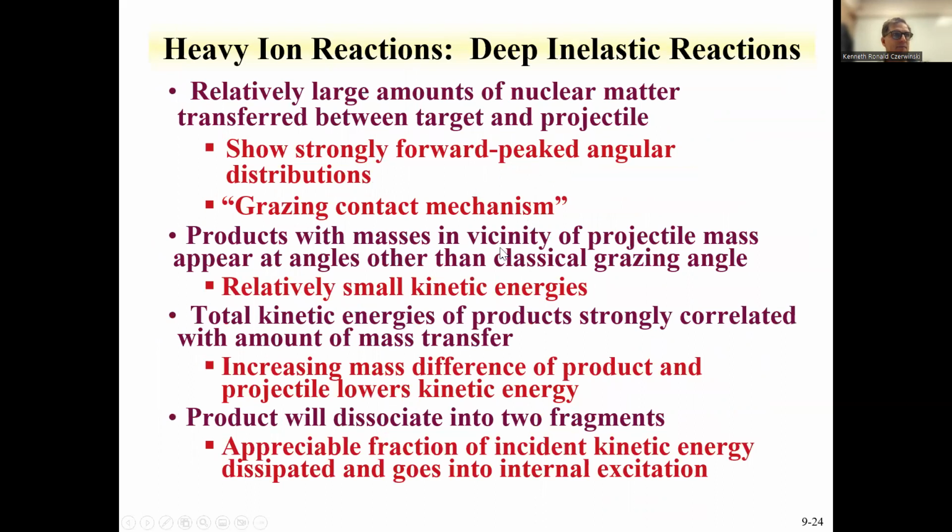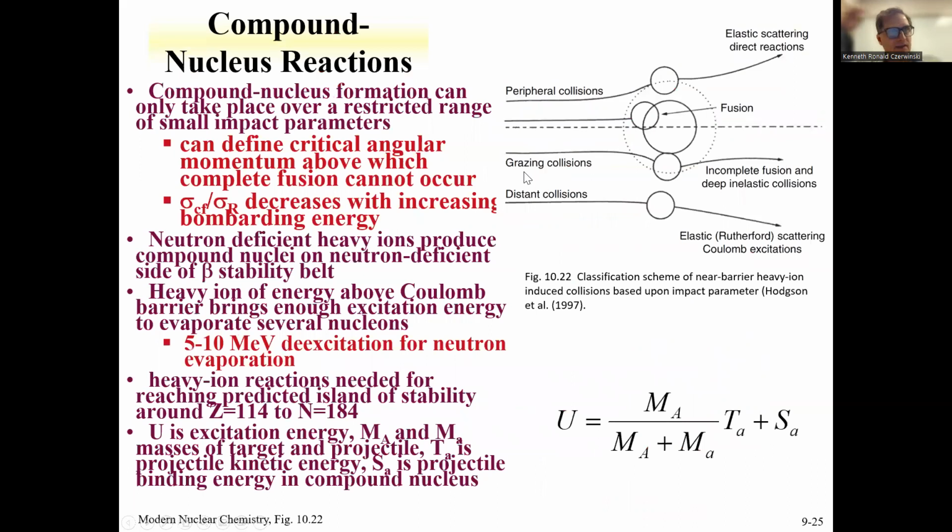And then there's this schematic of the reactions that can occur, these peripheral reactions. This is the fusion. These grazing reactions can have lots of kinetic energy change. They can also have some nucleon change. And this is where we also see this 5 to 10 MeV de-excitation for neutron evaporation.